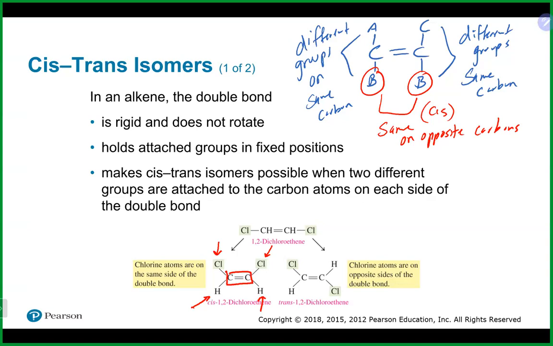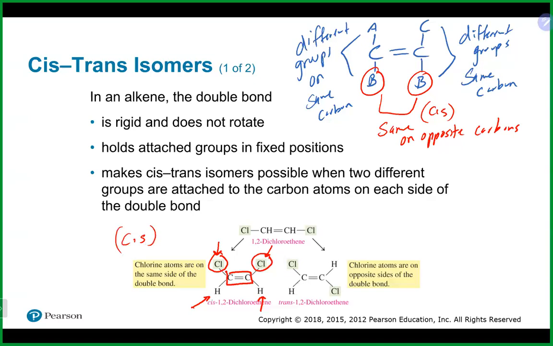So this can be a cis or trans isomer because they share chlorines on opposite carbons. We have different groups on each of the carbons, and the same group on opposite carbons. In this case, both chlorines are above the double bond, on the same side, and this would be the cis isomer on the left.